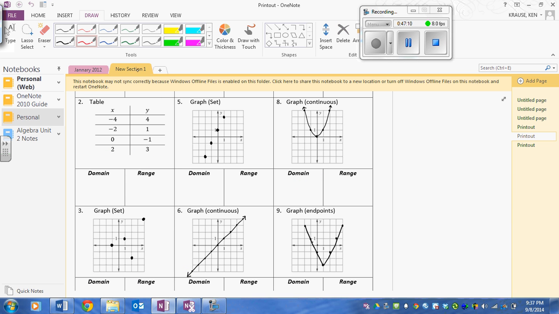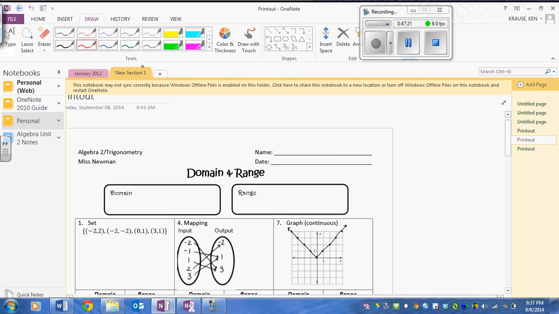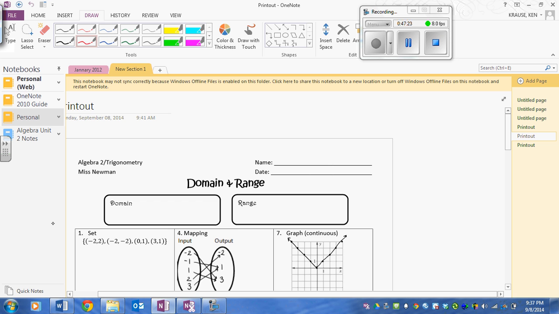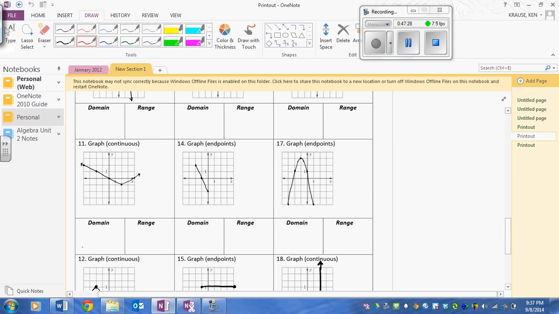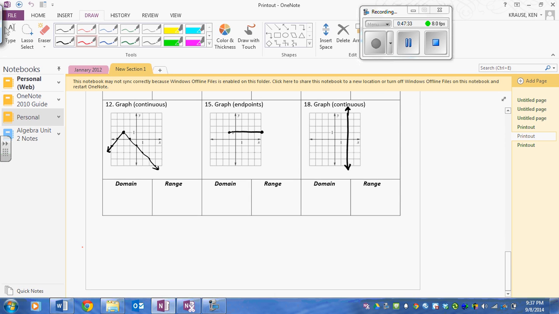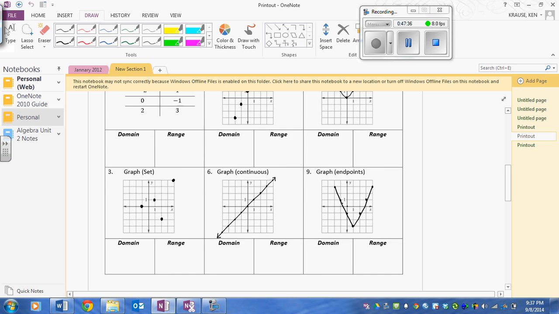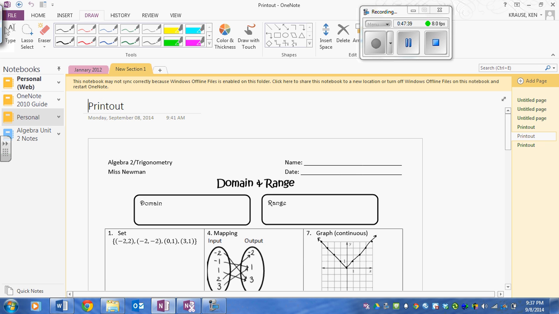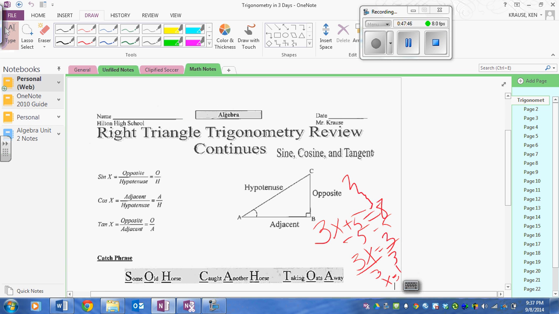Holy mackerel, what just happened? I don't know what happened to my paper. Oh. I really don't know what just happened. Hopefully I can find it. Hmm. 9:41 a.m. What's this morning? No, that's right here.